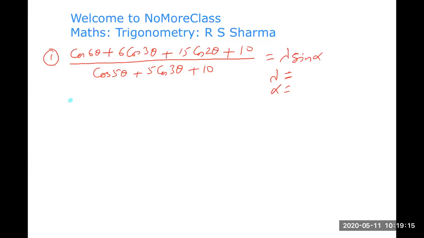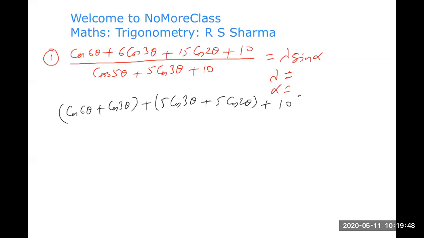Like cos 6 theta plus cos 3 theta plus 5 cos 3 theta plus 5 cos 2 theta plus 10 cos 2 theta plus 1. In this way we can write.